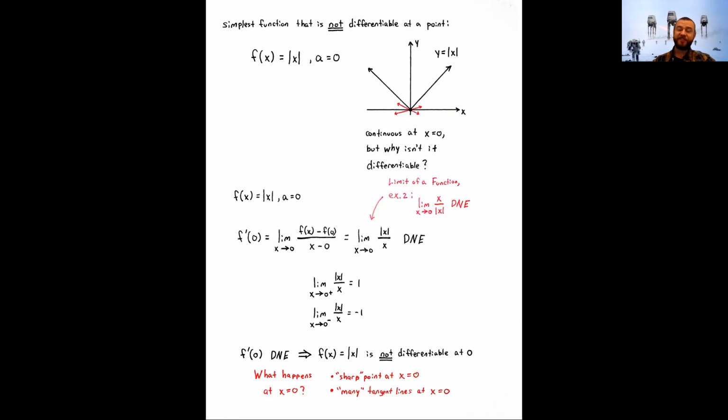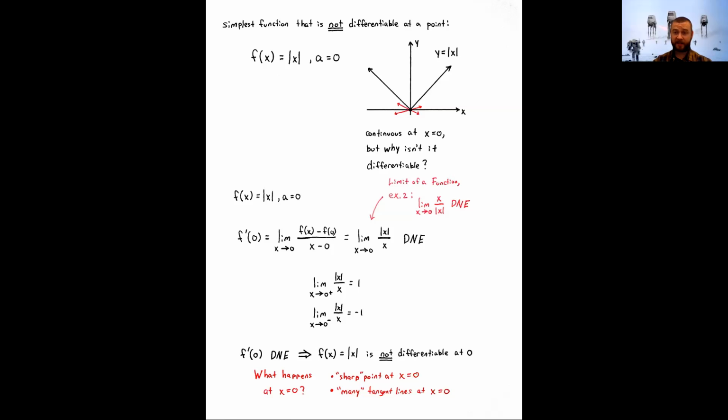So what's happening is at x equals 0, the graph has tangent lines of slope 1 or -1, basically on either side, basically making this not able to have a single slope of the tangent line. Just on either side of it, it's different values, 1 and -1. You can kind of see that with our limit definitions there for the limits to the right and left of 0 being 1 and -1.